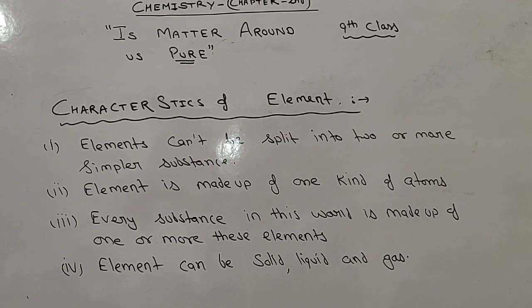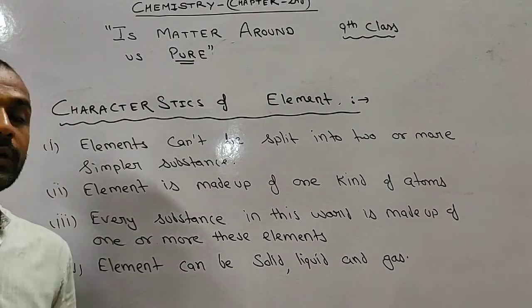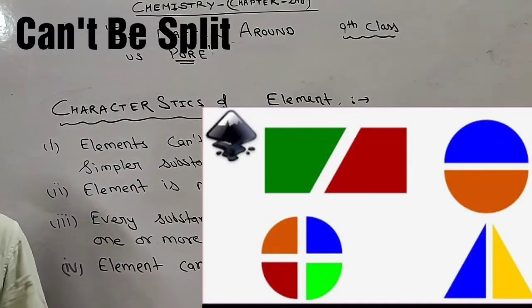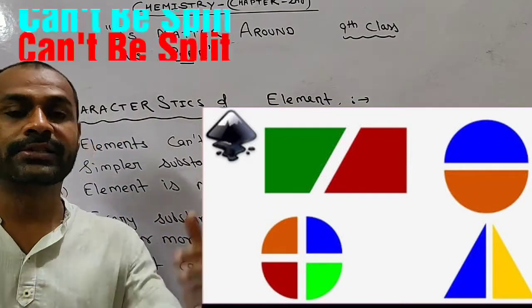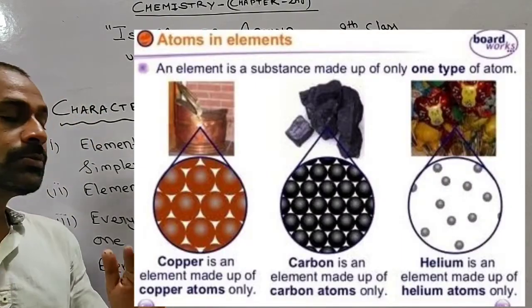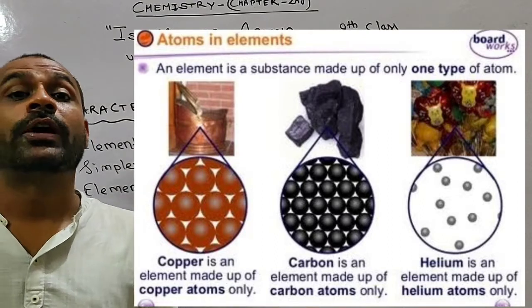So let's sum up the characteristics of elements, as we have discussed four characteristics. The first one is that an element can be split into two or more simpler substances, as we discussed in the definition as well. The second one is that an element is made up of one kind of atoms.